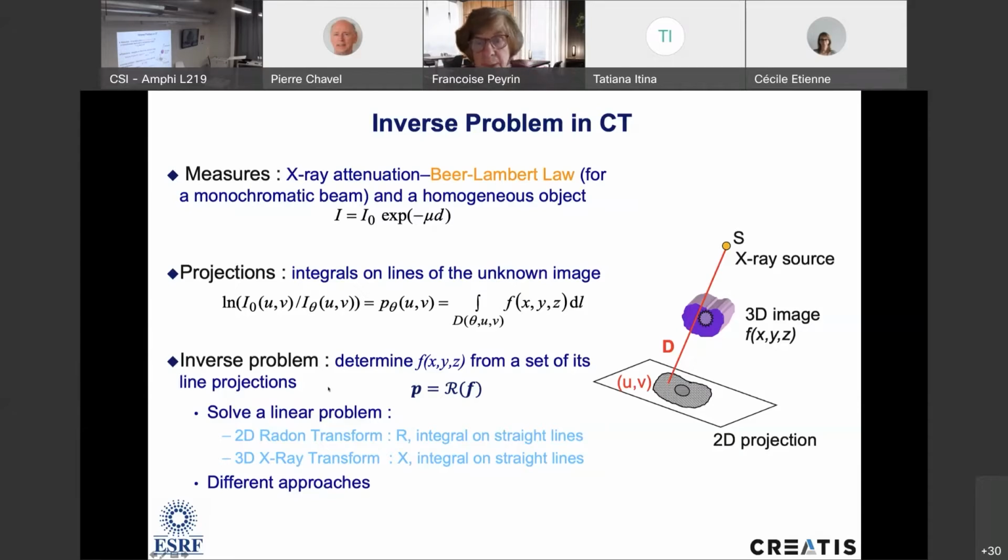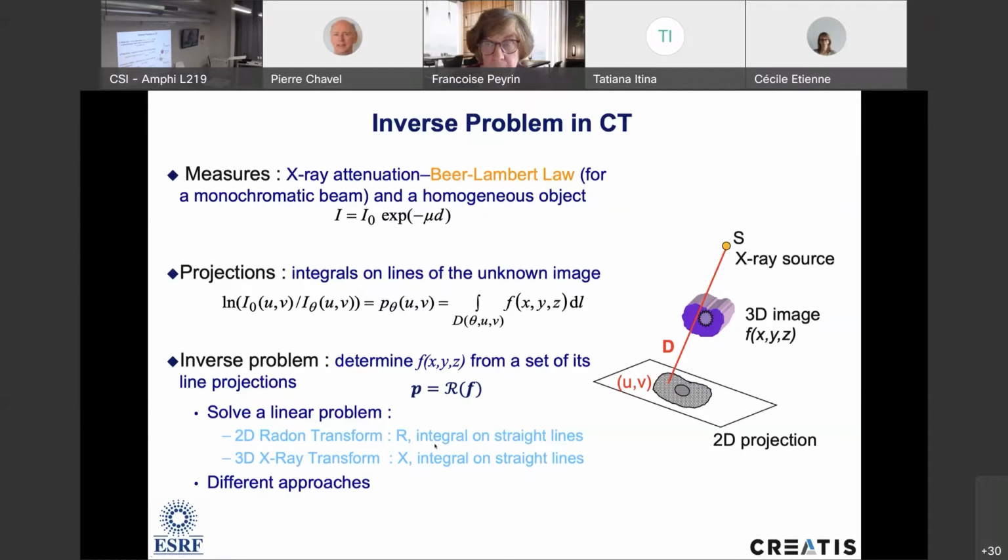So this problem is a linear problem if you assume that you have a monochromatic beam. And if you are in 2D, it's equivalent to inverting the so-called Radon transform, where you have integrals along straight lines. And if you are in 3D, the transform now is known as the X-ray transform, and you also have to invert it. And for this purpose, you have different approaches.